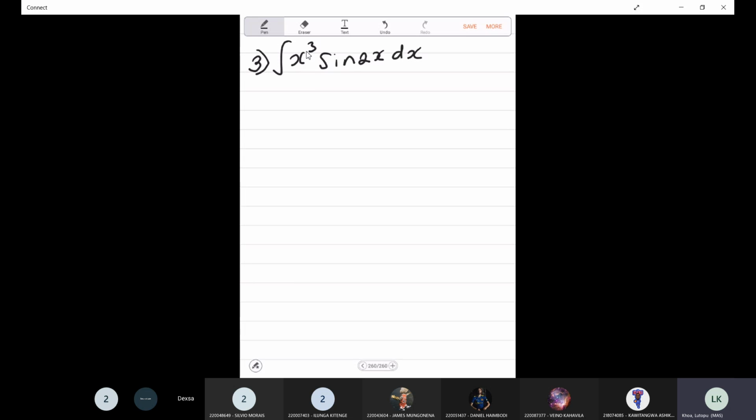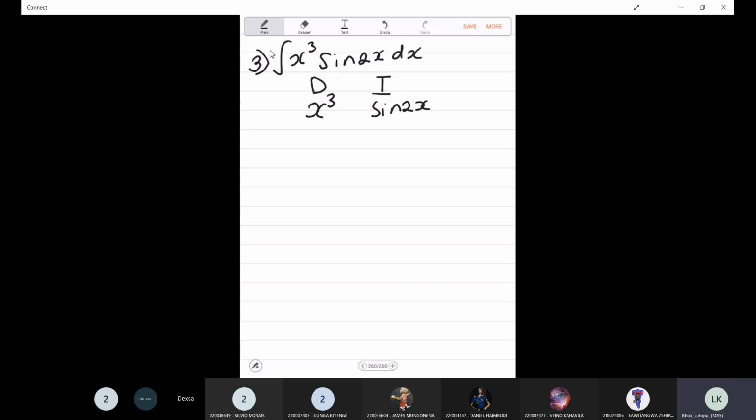Okay, so I have D, I have I. You pick what you want to integrate and what you want to differentiate. So here, usually we pick this one because the derivative eventually goes to 0. That's x to the power of 3, and then sine 2x is what we will integrate.